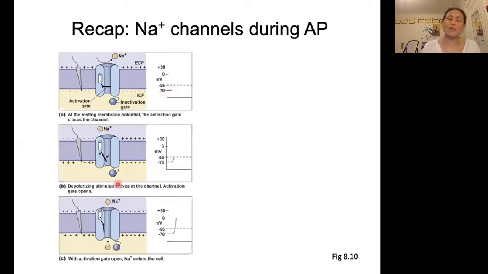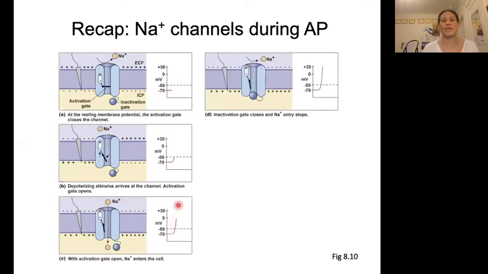That's going to allow sodium to come into the cell and depolarize the membrane some more. After a while, the inactivation gate is going to come in and close off that sodium channel, thereby prohibiting sodium from crossing the membrane.